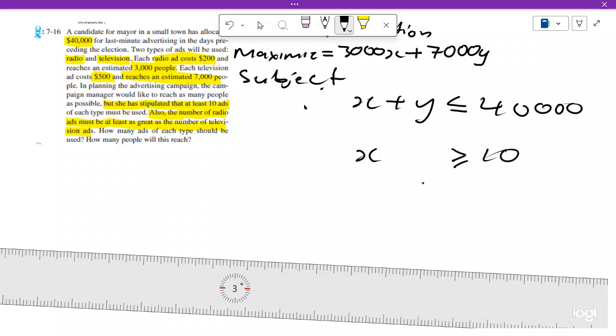Then your y should be at least 10 also. Then it stated that the number of radio ads must be at least greater than the number of television ads. So now it says x must be greater or equal to y.